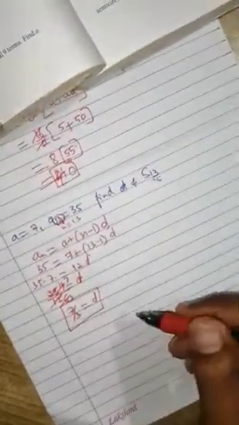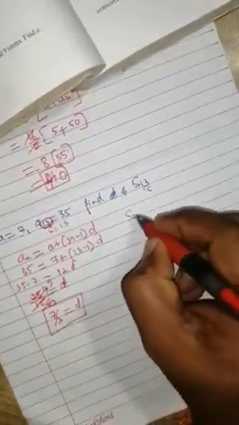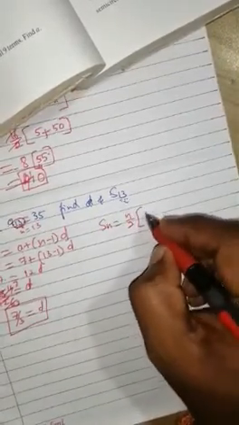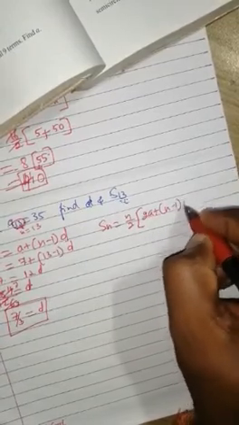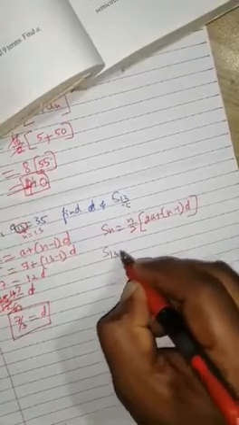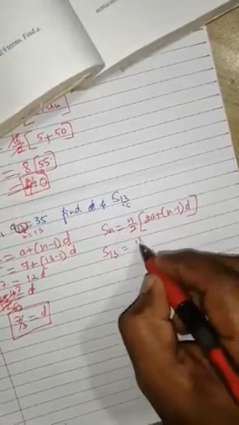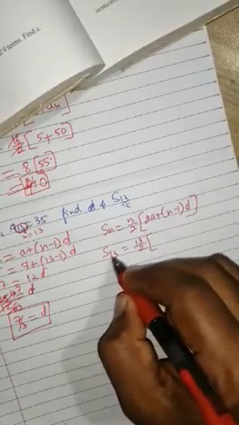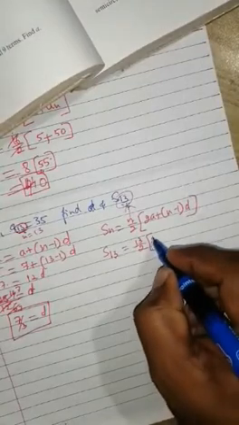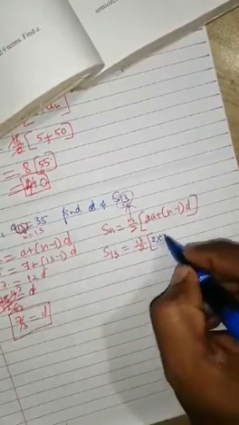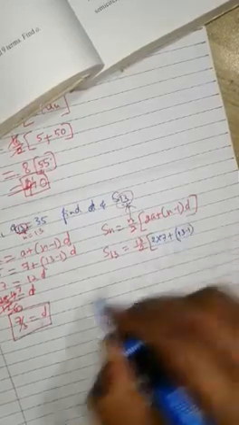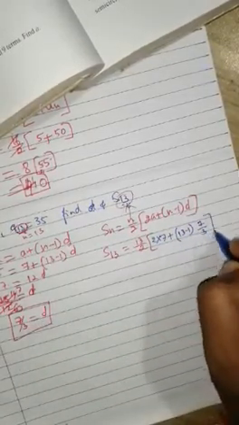So now find out the S13. I'm using the formula Sn is equal to n by 2 into a plus an, or 2a plus n minus 1 into d. All right, Sn we must find out up to 13. 13 by 2, n value is 13. We'll come to know from here: 2 into a is 7, plus n minus 1, n is 13 minus 1, into d is 7 by 3.